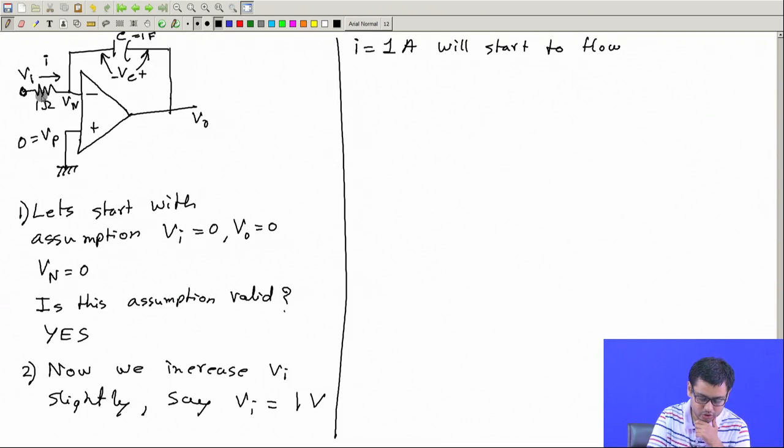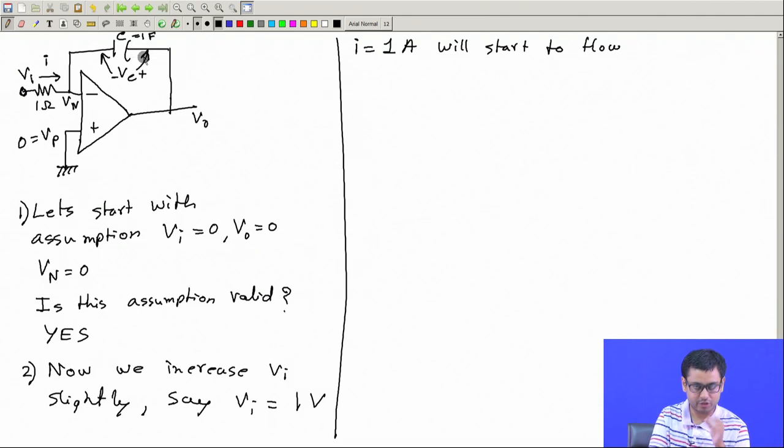So if this current is flowing, how will it flow? It will come to the capacitor only, because it cannot go inside the op amp. So charge is coming to this plate, and if we apply conservation of charge, then an equal amount of charge must go out from the other plate.